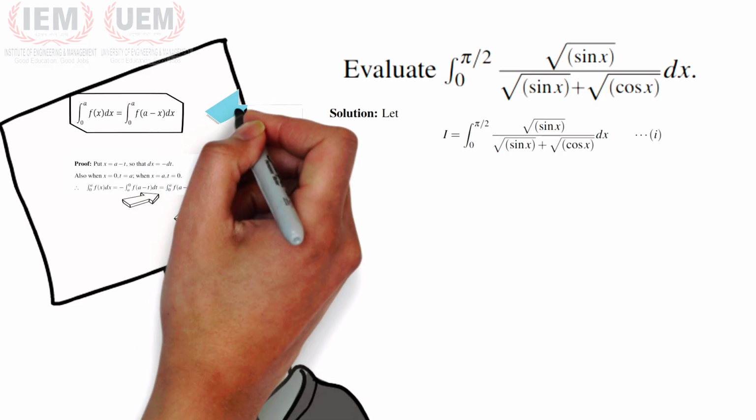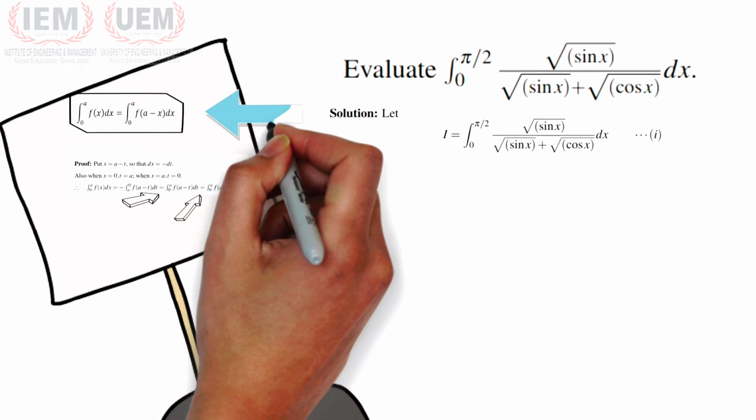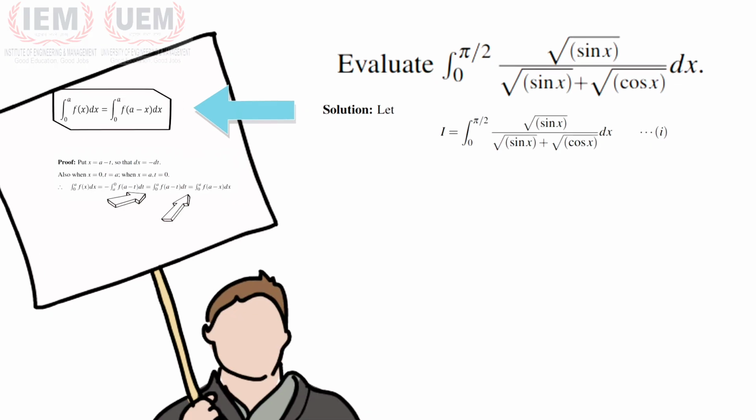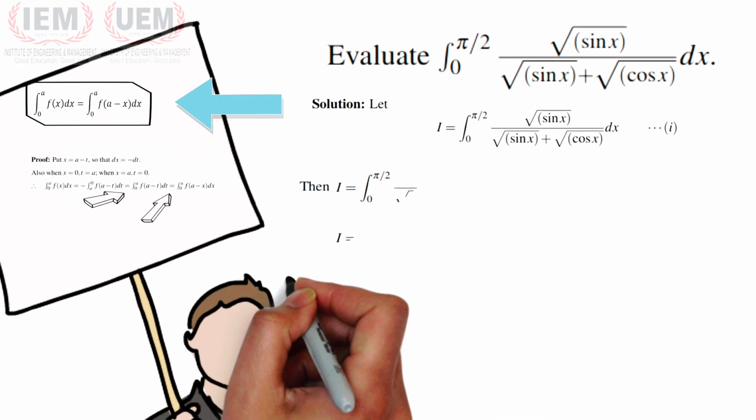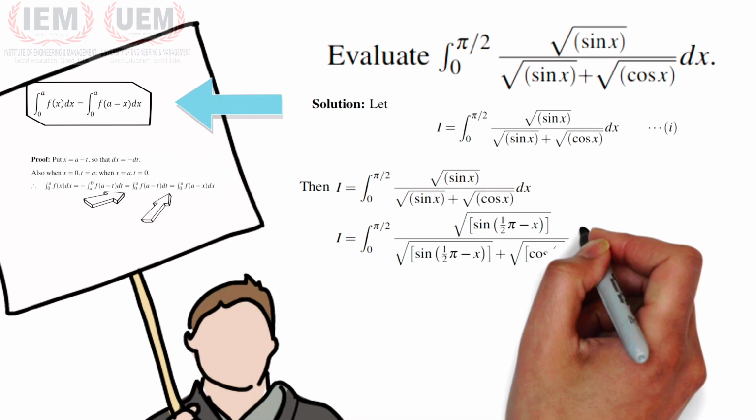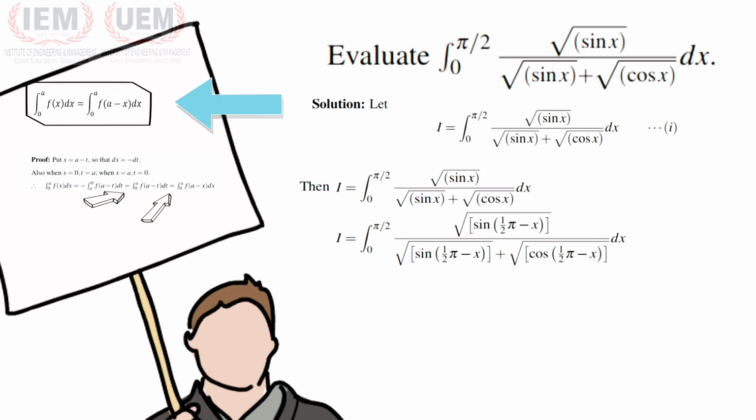Here we apply the formula, the integral from 0 to a of f(x) dx is equal to the integral from 0 to a of f(a minus x) dx, where a is pi by 2. Thus the above expression is equal to the integral from 0 to pi by 2 of the square root of sine of pi by 2 minus x, whole divided by the square root of sine of pi by 2 minus x plus the square root of cos of pi by 2 minus x, dx.